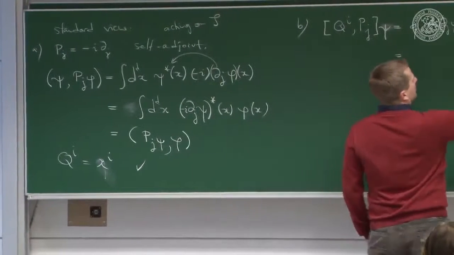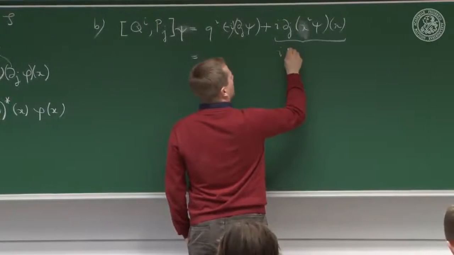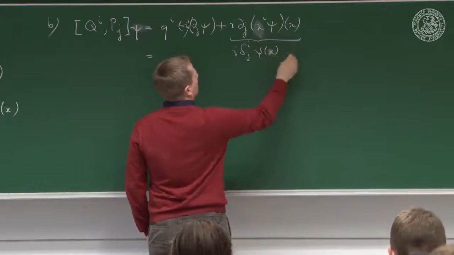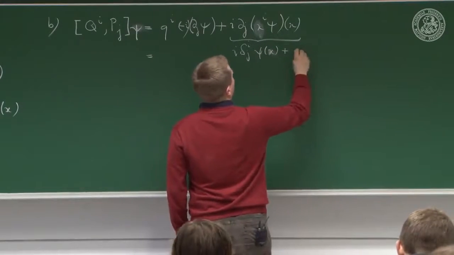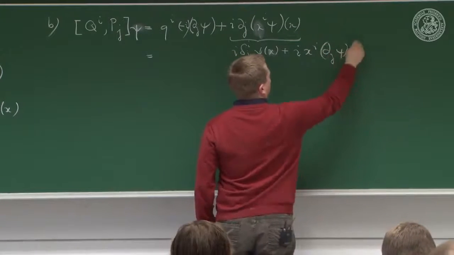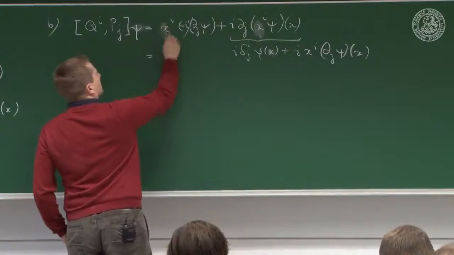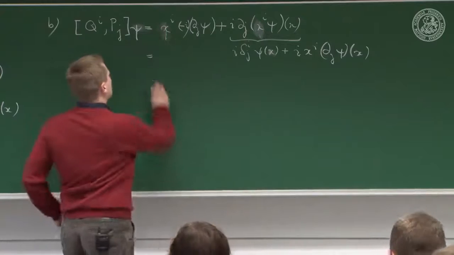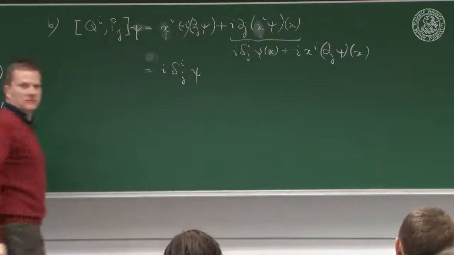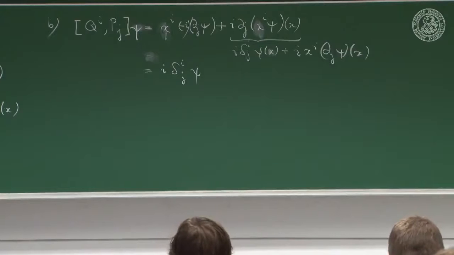Now it's clear. This back here has two parts: i delta_ij psi of x plus i x_i del_j psi of x. But this cancels against the first part, so all that's left is i delta_ij as claimed. Okay? So everything is absolutely simple and easy.